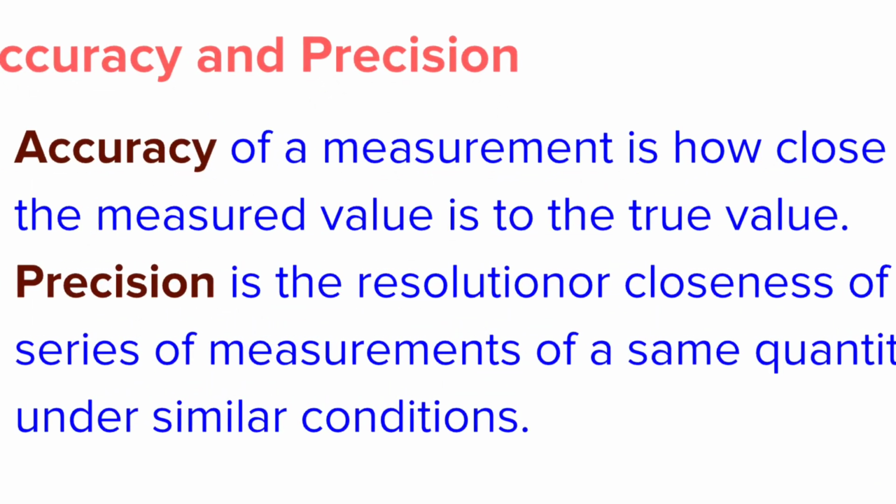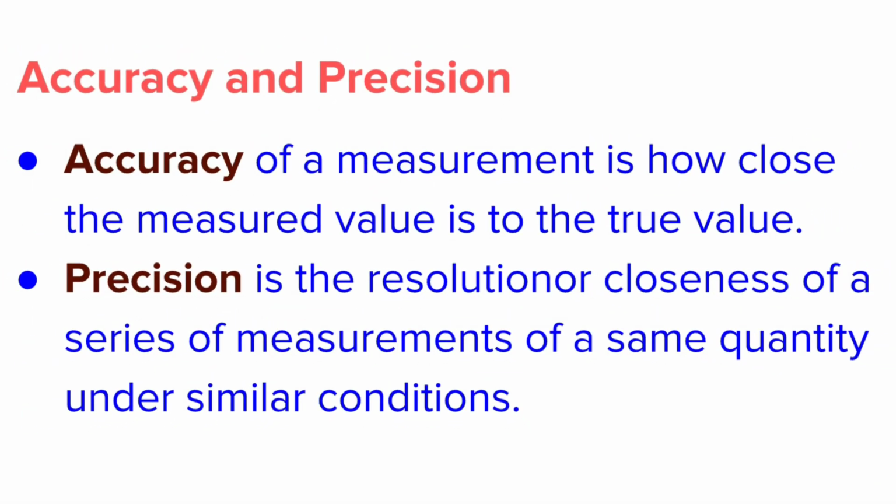So this difference of the measured value, means whatever you're getting as a result using the device, from the actual value, from the true value, is called error, or you can say the difference between the measured value and the true value is known as error.